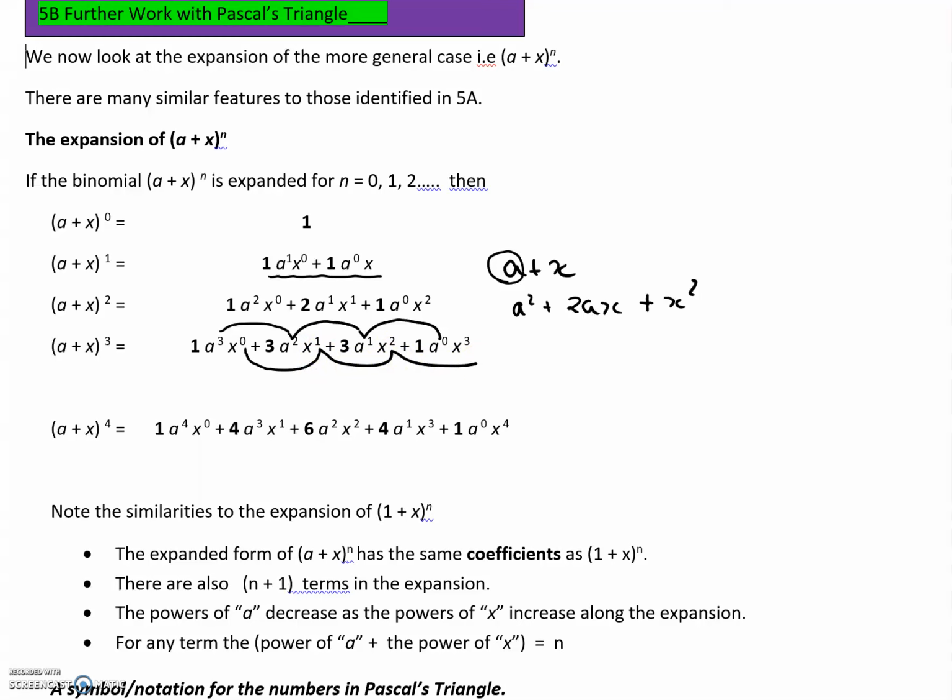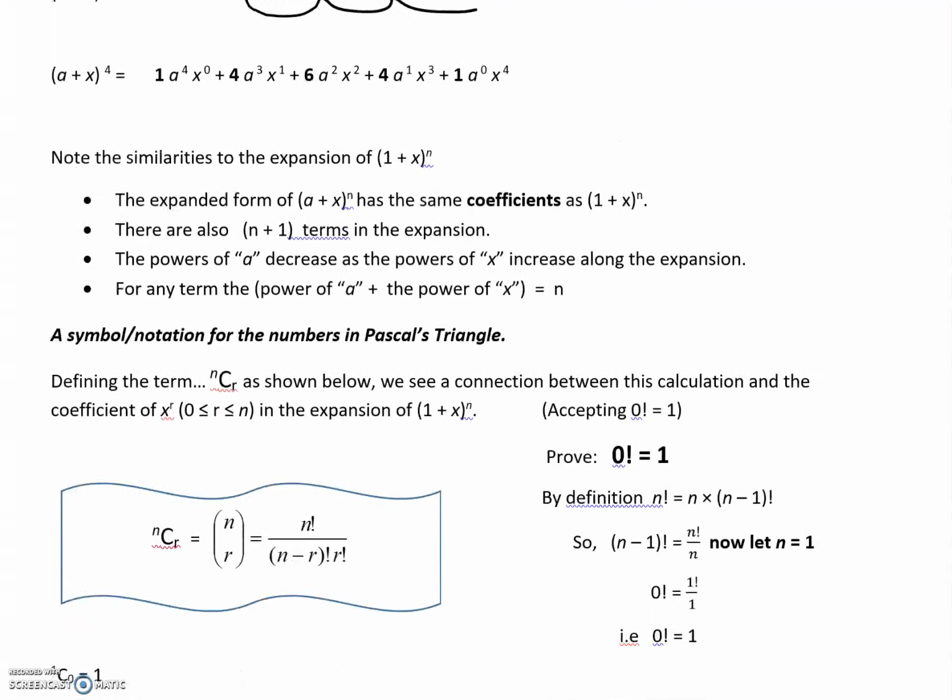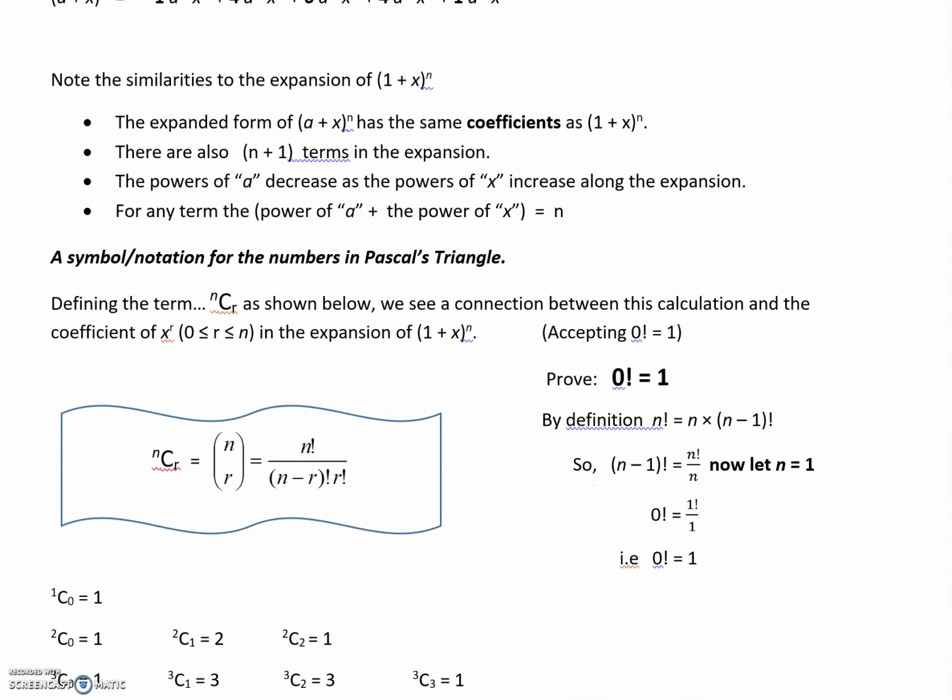There are many similarities with (1 plus x) to the n. You'll see it has the same coefficients. There are n plus 1 terms. The powers of a decrease as the powers of x increase, and the sum of the powers will always be n.